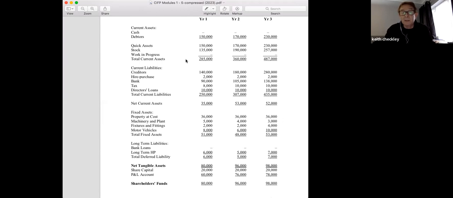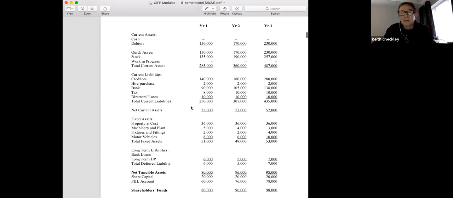You can see there, total current assets, $285,000. And then the total current liabilities, $250,000. So one from the other is $35,000. On this occasion, the accountant's been quite friendly towards us and has worked it out, but they're calling it the net current assets. So 35,000 goes into our ratio sheet.